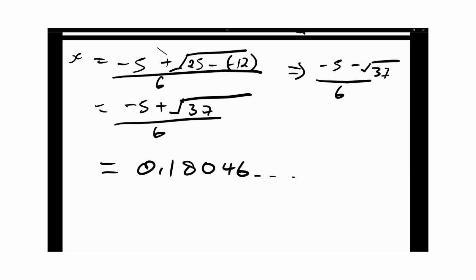And then on this side you find your x to be, so you can just go back and change the plus sign, you find it to be equal to -1.8471 and others.